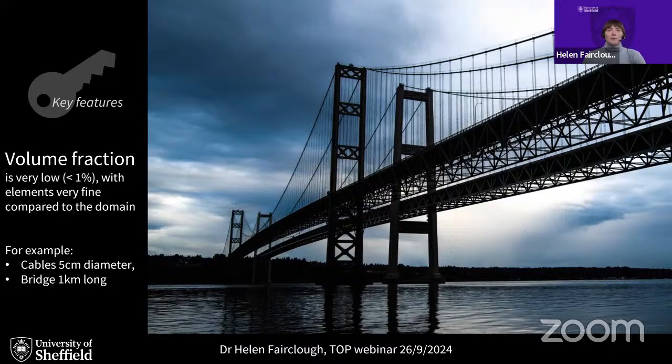So you'd have to have some crazy high resolutions in continuum topology optimization to be able to break that 1 kilometer long domain up to be able to see a 5 centimeter wide cable, let alone the difference between having a 5 centimeter wide cable compared to a 6 centimeter wide cable, for example. So that's the first thing, is you'd have to run things at really high resolutions to solve real problems.